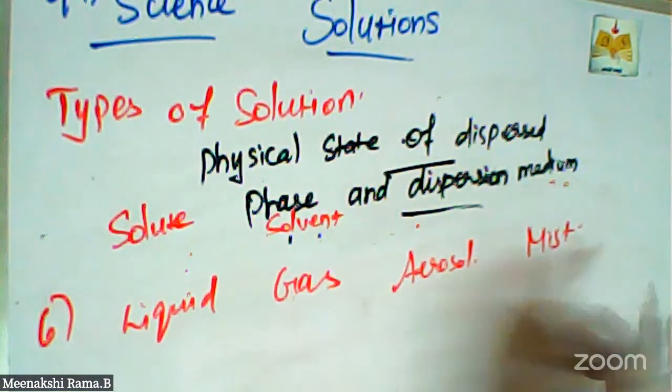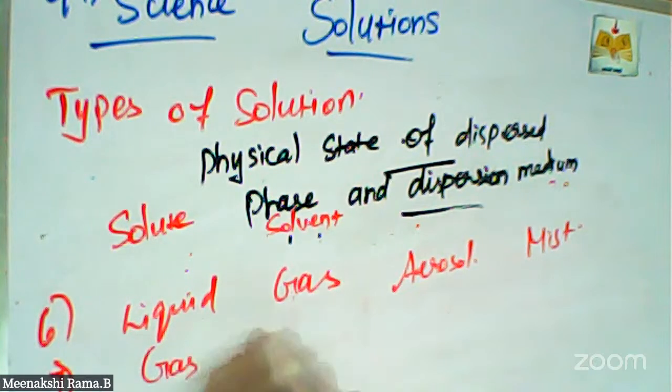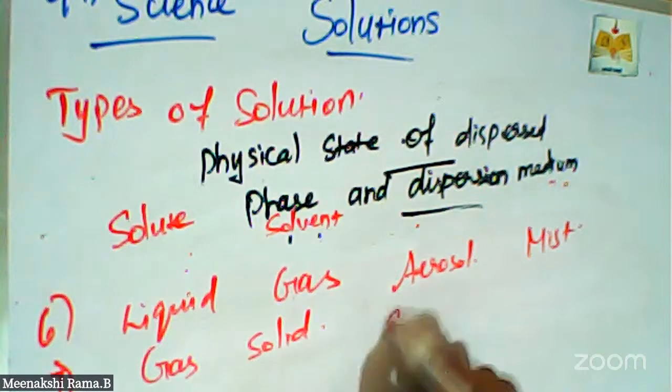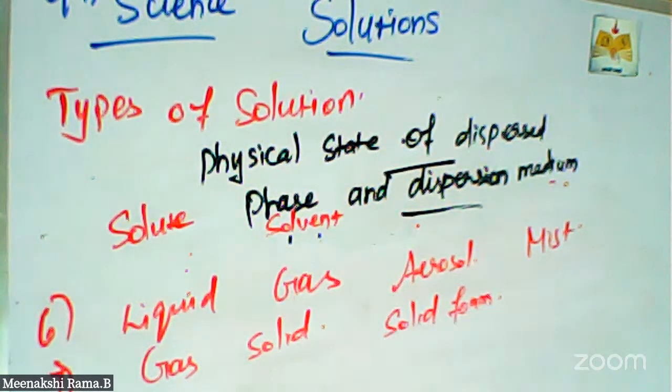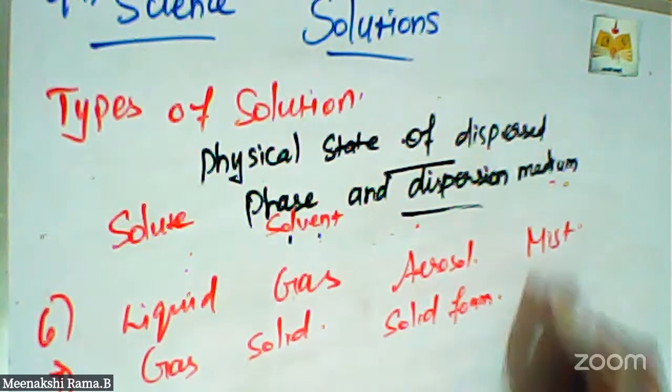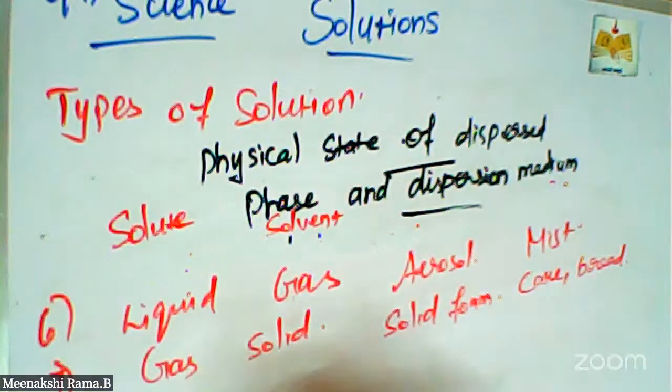Mist is a good example of liquid gas mixture. And then the seventh category, gas and solid. Gas and solid mixture is called solid foam. Examples are cake and bread.